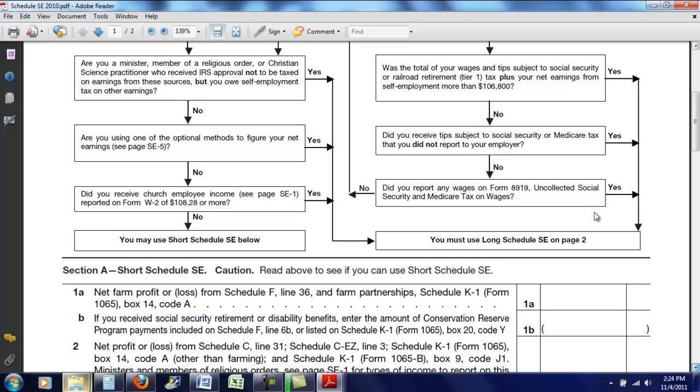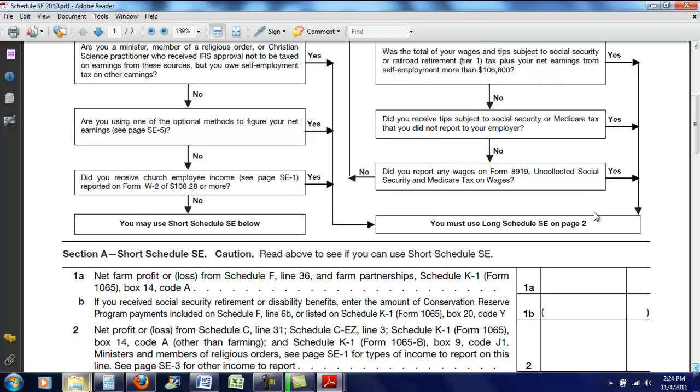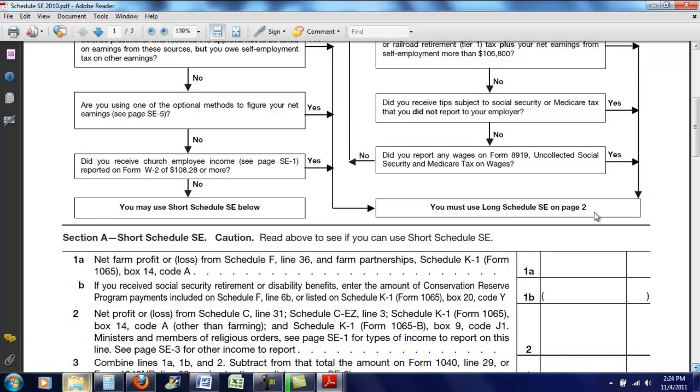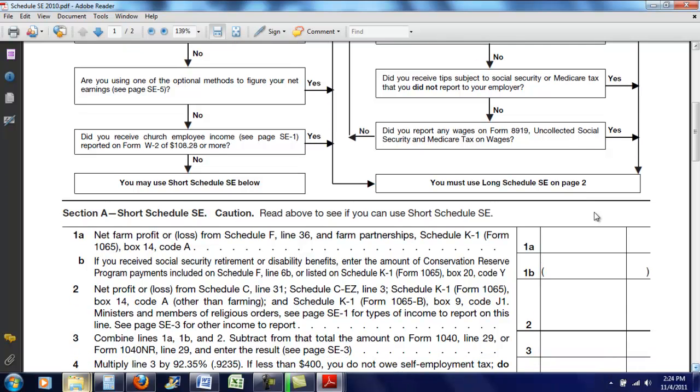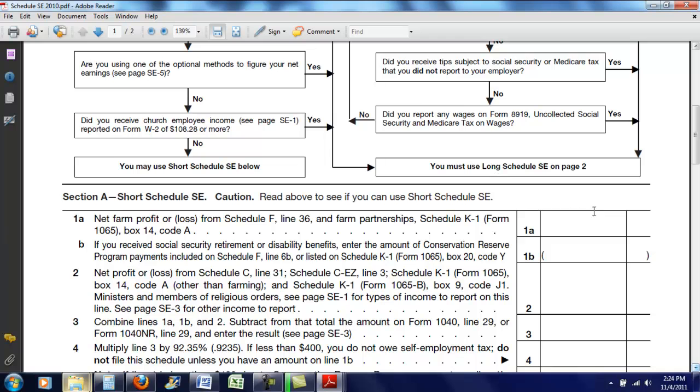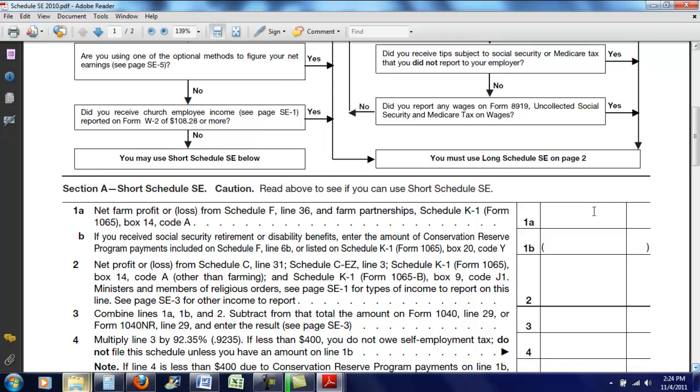We didn't have any net farm income or Schedule K-1. So we have net income from a Schedule C of $43,410. We're going to combine lines 1A, B, and 2, which is $43,410.